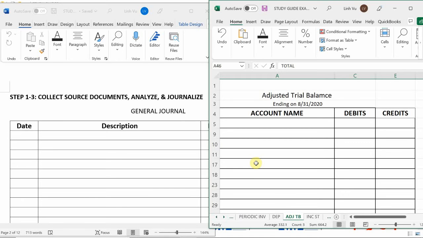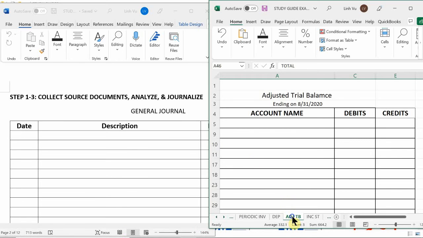The trial balance gives you your debits and credits that must be equal, and the adjusted trial balance is the one that shows the adjustments made.